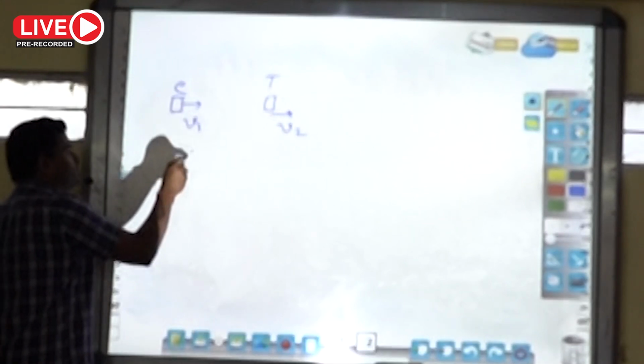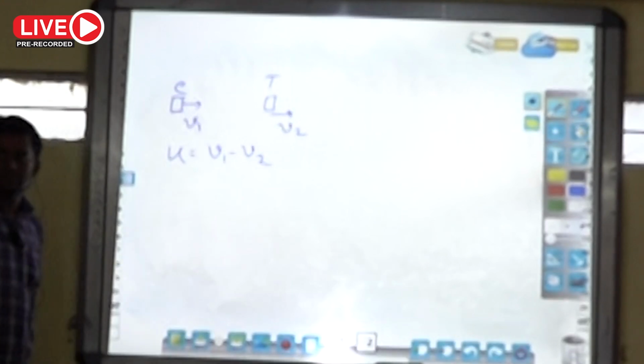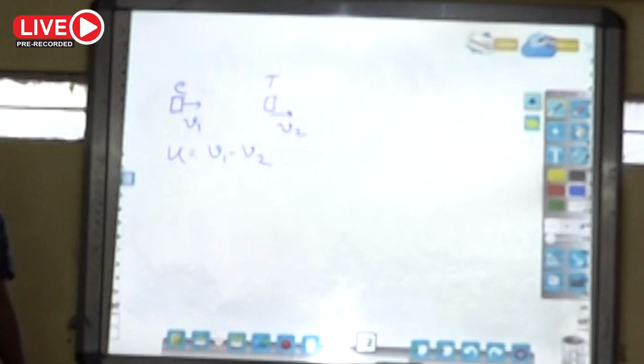Initial relative velocity U equal to V1 minus V2 from the frame of the car. From the inertial frame, if you consider, then U will be equal to V1 minus V2. This is the initial relative velocity.